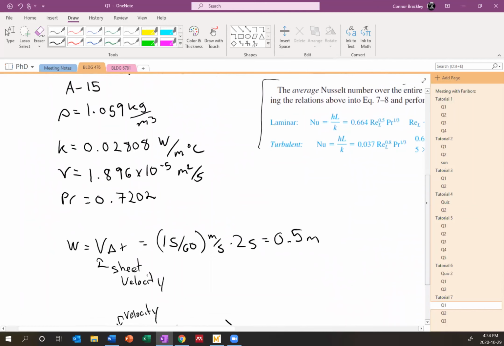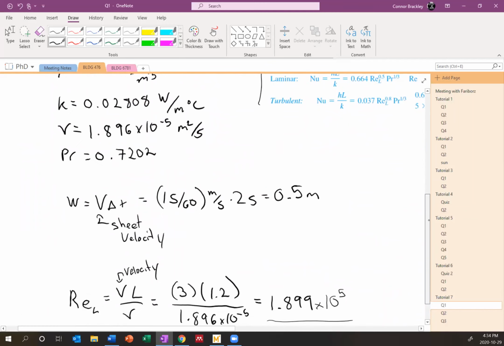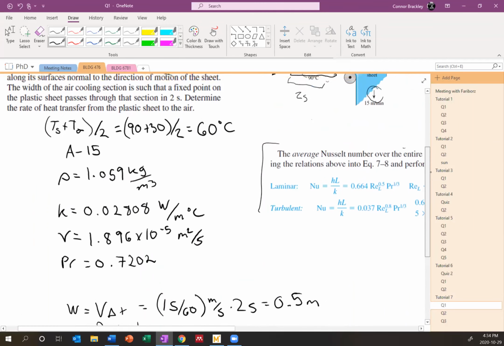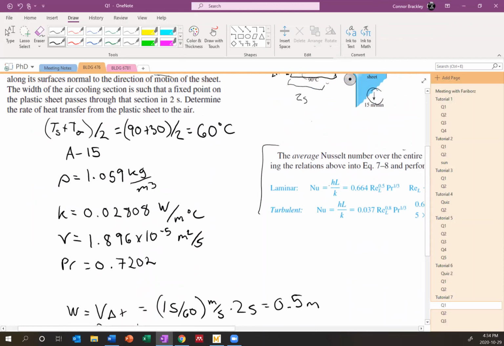Okay, so now that we know it's laminar, we can find our Nusselt number, which is related to our heat transfer coefficient. For laminar, we have one equation. For turbulent, we have another.